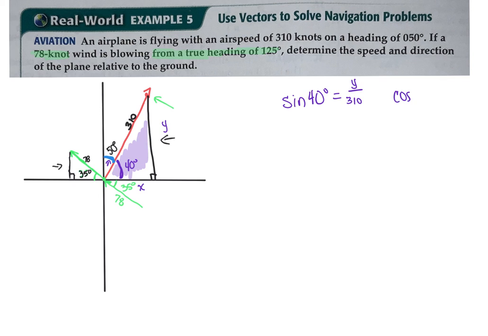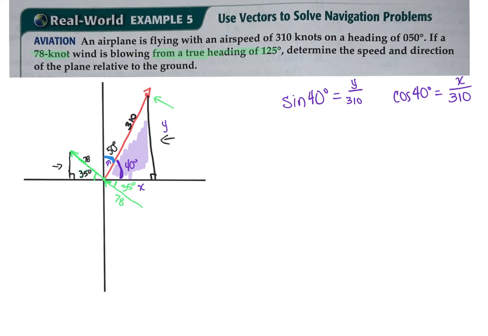And the cosine of the 40-degree angle should equal my X movement over my 310. Everybody agree with that? Based on SOHCAHTOA. Opposite over hypotenuse, adjacent over hypotenuse. And if you always set it up to the origin, it'll be X over hypotenuse, Y over hypotenuse with cosine and sine.